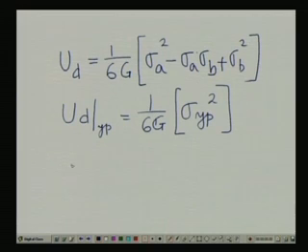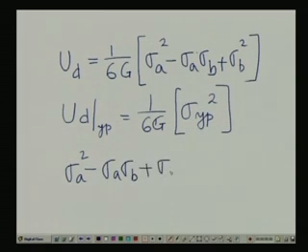So, what is this? That means sigma A square minus sigma A sigma B plus sigma B square is equal to sigma yield point square.